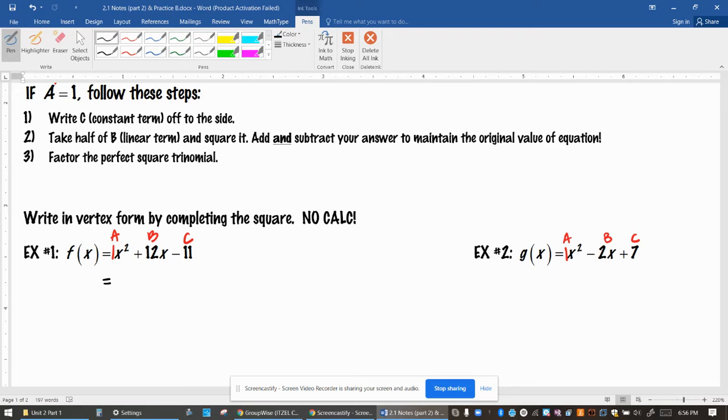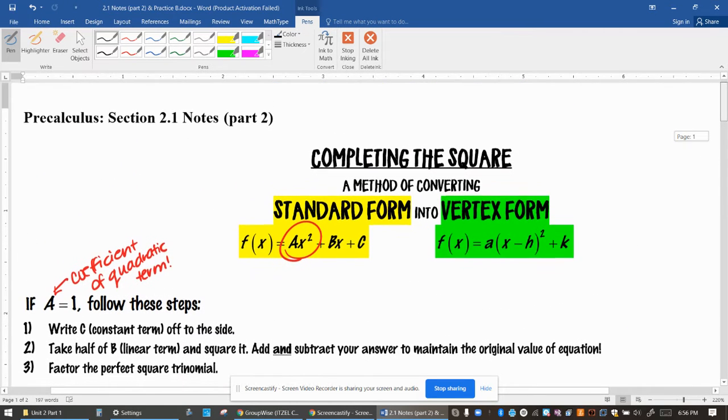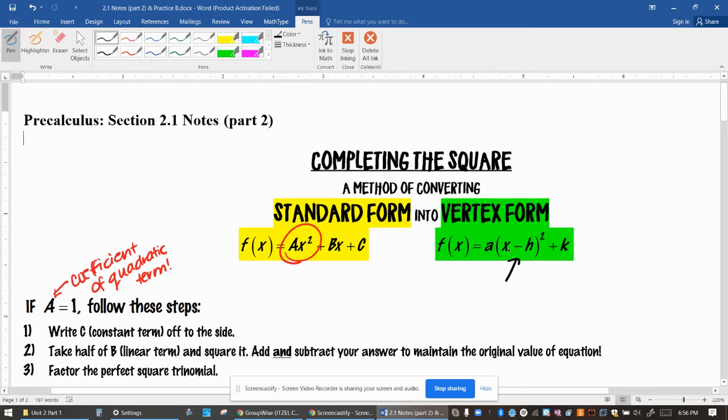So if you have a binomial squared, you're telling me that there's two of the same one. So if you're having a hard time visualizing that, in vertex form, you have a binomial to the quantity exponent 2. That means you have two of the same binomials.